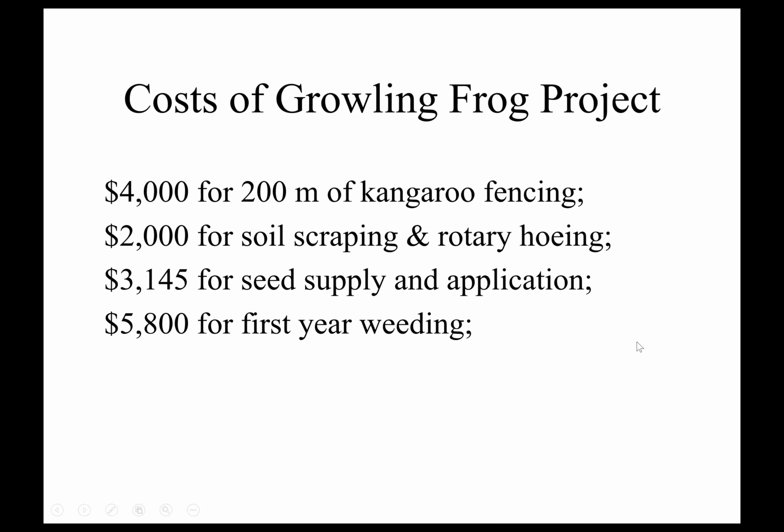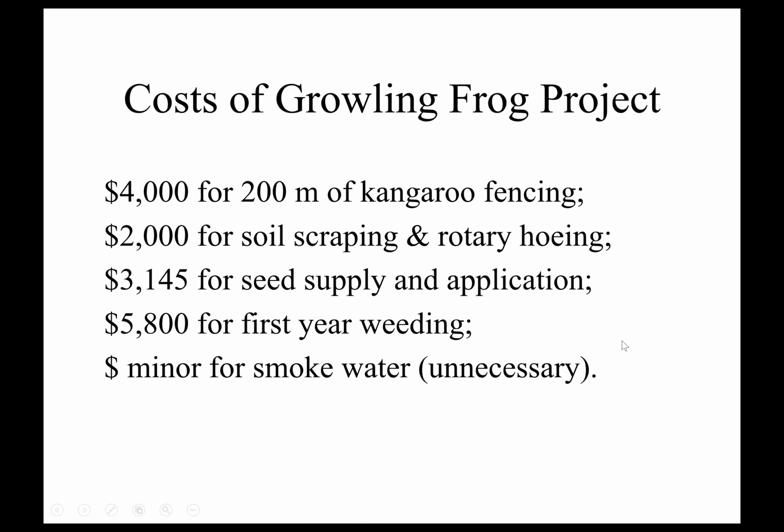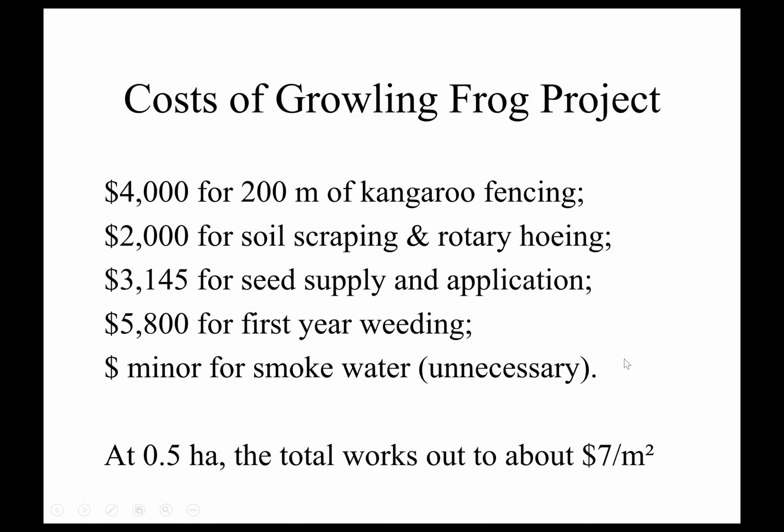That might not have all been necessary. And Tim Cole put in his own time to spread some smoke water, and I think he raked in the seeds, and that was just something he wanted to do. So there was no cost involved in that other than the cost of the smoke water. So all up, that came to around $18,000 for the whole project.